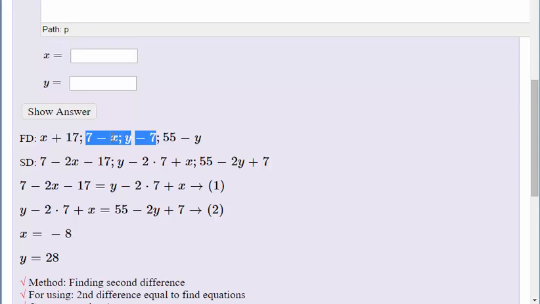Minus x gives me plus x. So I get y minus 14 plus x. And the final one is these two: 55 minus y minus 7, which is plus 7. So 55 minus 2y plus 7.